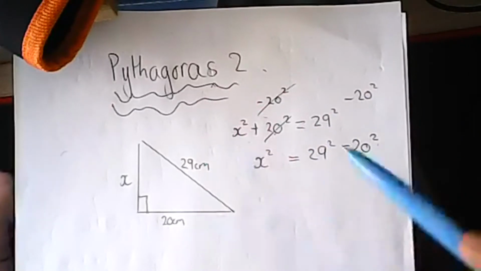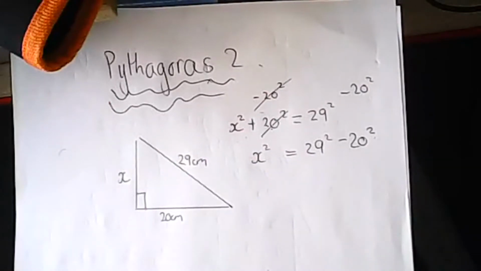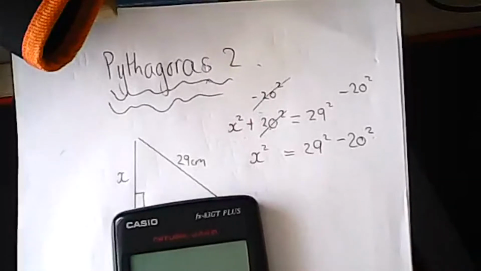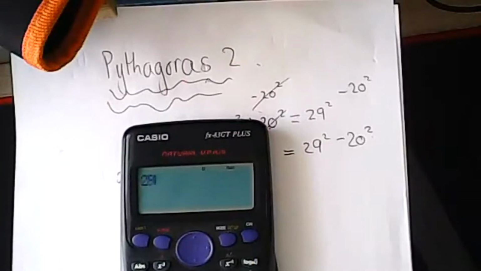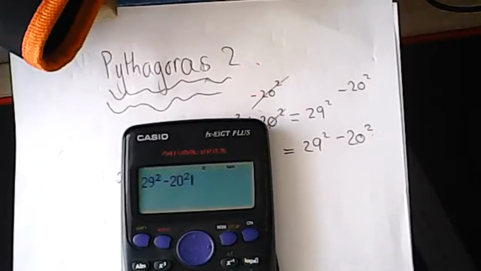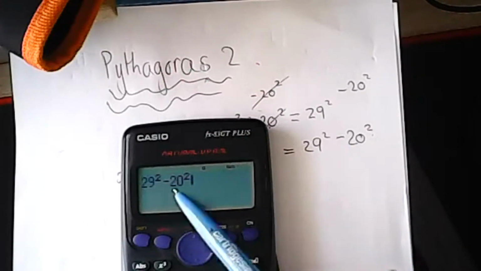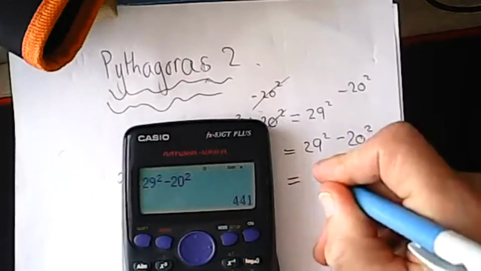Now I'm going to shorten this down later on, but we're down to this section here. So what we need to do now, we need to look at these two values. 29 squared, I might be good at maths, but that is tricky for me to do, so I'm going to use a calculator to work that one out. And actually, I might as well use a calculator to put it all in. 29, I'm just doing the right hand side there. 29 squared minus 20 squared gives me 441.